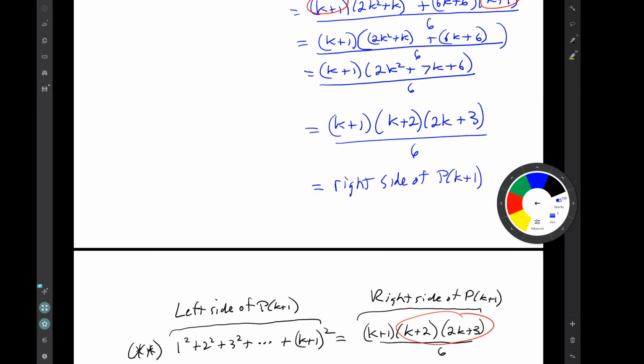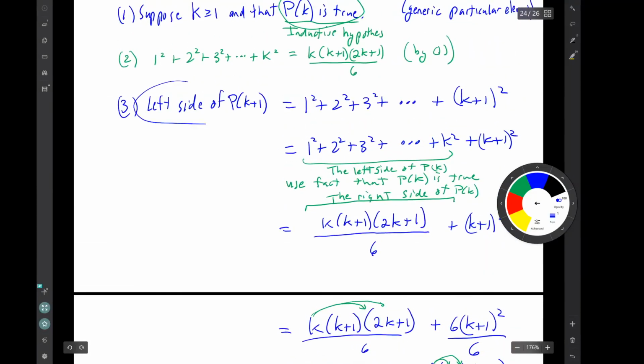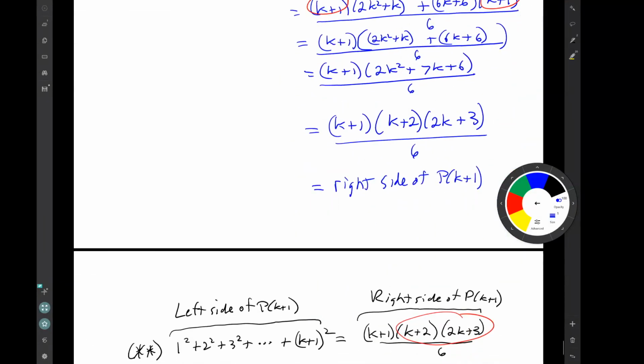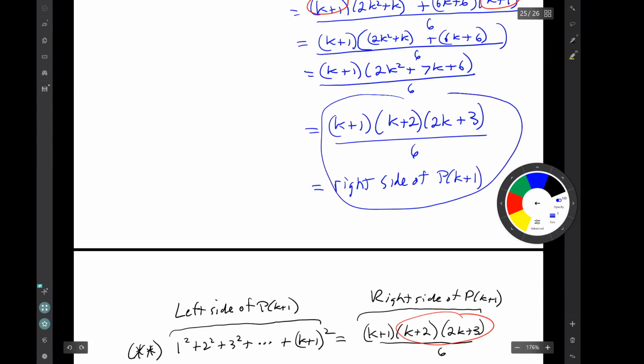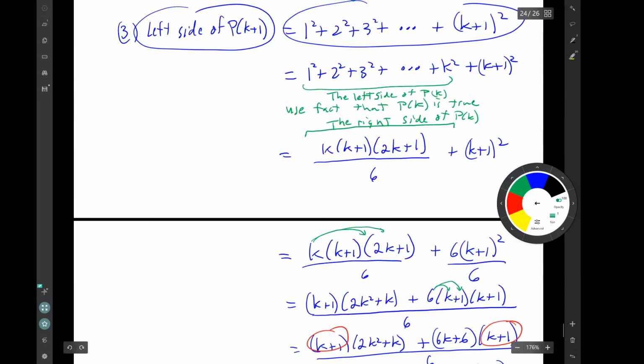So let's refresh ourselves on what we did here. We wrote down the expression that's the left side of P(k+1). We worked on rewriting it, and we ended up with an expression that's the right side of P(k+1). So we showed that those were equal. Along the way, we had to use the fact that P(k) is true. So we didn't prove that P(k+1) is true.